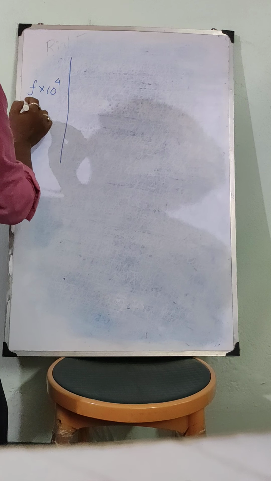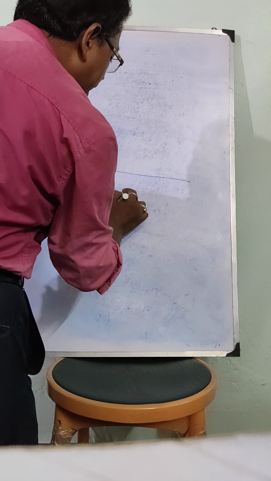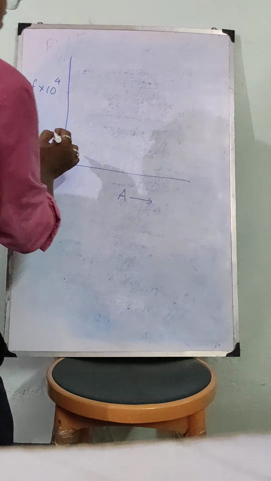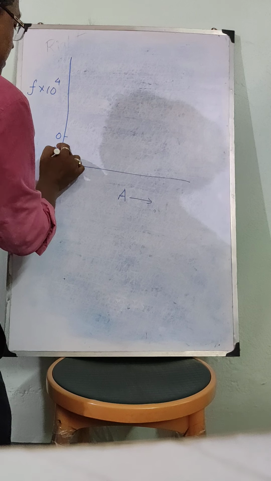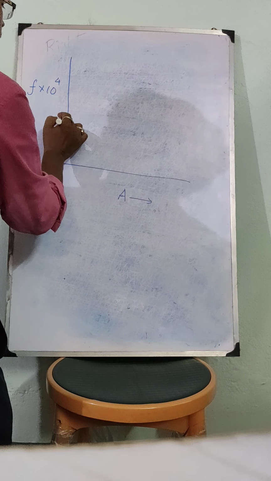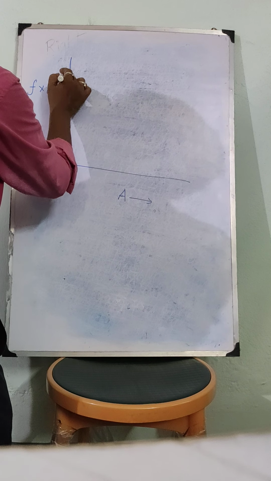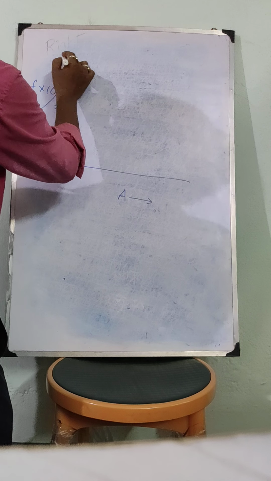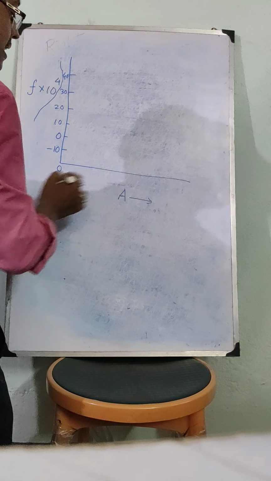So, if we plot here the packing fraction f into 10 to the power 4, and here we are plotting the mass number A. Now here suppose we have 0, here minus 10, here 10, then 20, 30, 40, and here we are plotting the mass number.